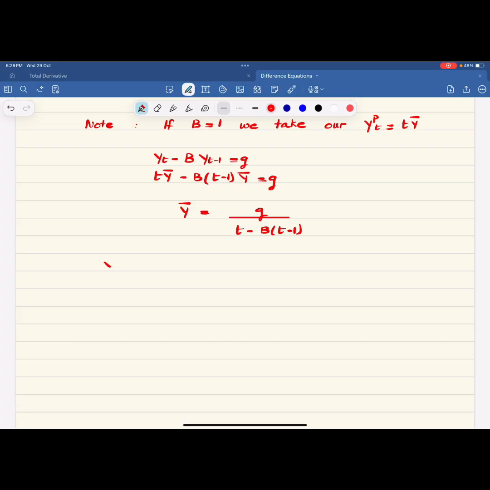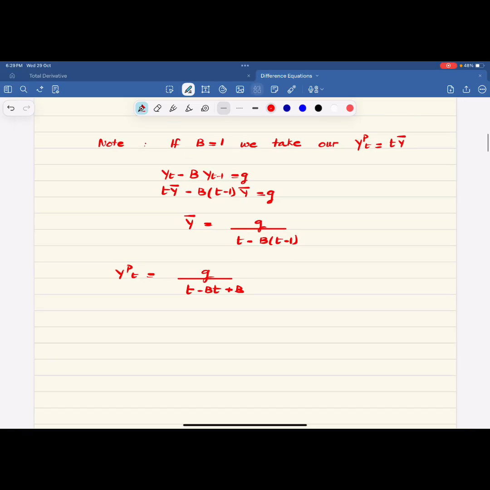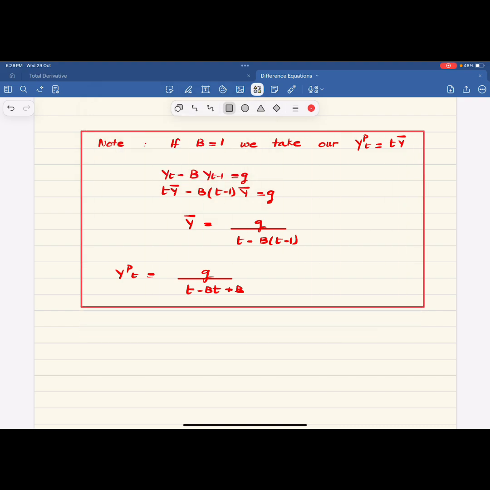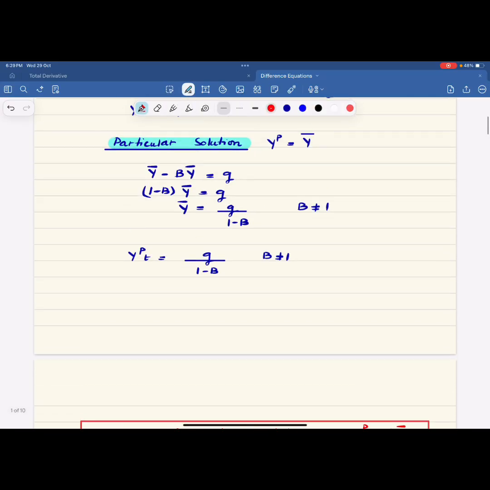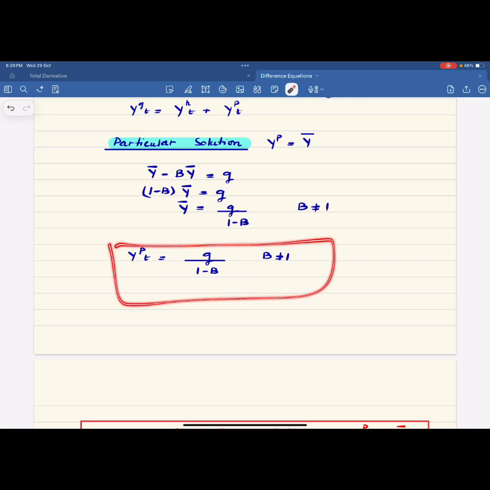So in this scenario, the particular solution will be g over t minus beta t plus beta. This is the scenario when we have a denominator which becomes 0, giving us an undefined quotient. However, we're going to stick with the case where beta is not equal to 1.